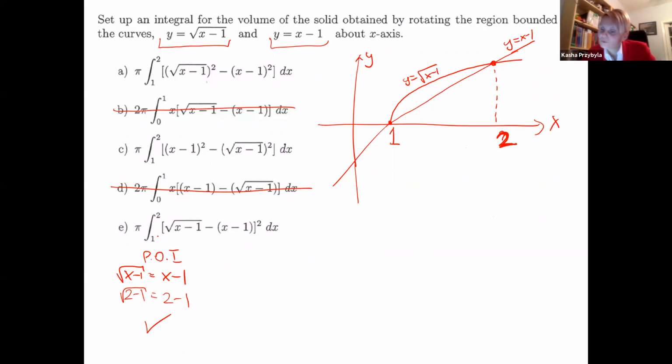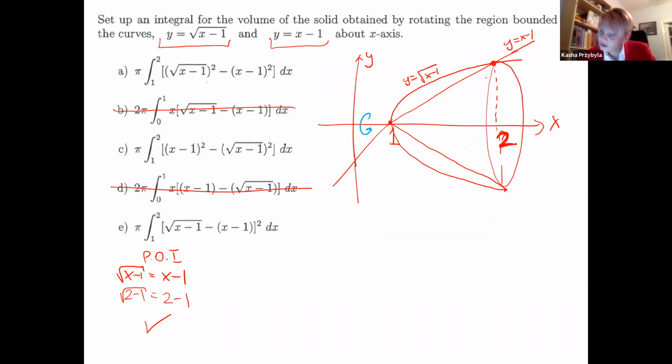That means what we're doing, we're rotating. I don't know if we would like to see the solid. We will be rotating about the x-axis, which means we are slicing perpendicular to the x-axis. This is my solid.